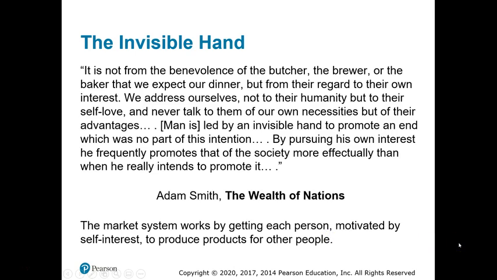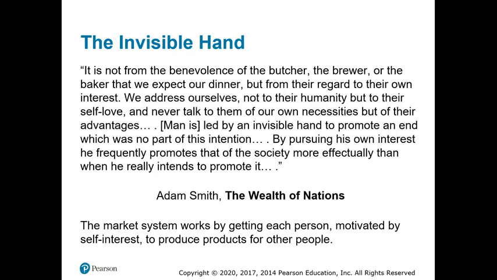Every economy has what's considered an invisible hand. As Adam Smith would say, and I'm going to read the quote because it'll make more sense after I've said it: "It is not from the benevolence of the butcher, the brewer, or the baker that we expect our dinner, but from their regard to their own interest.